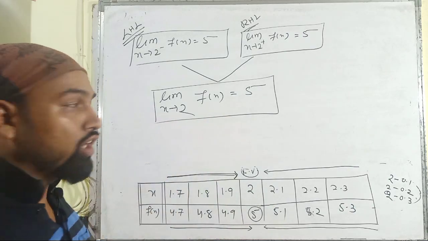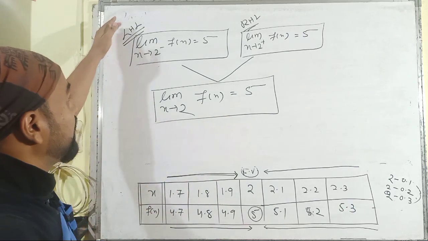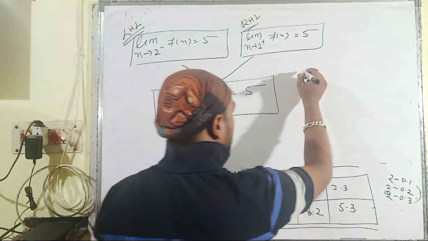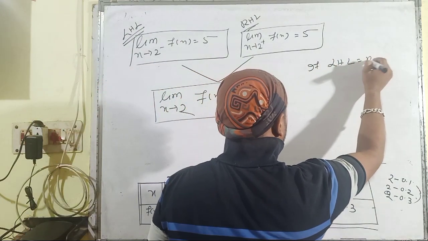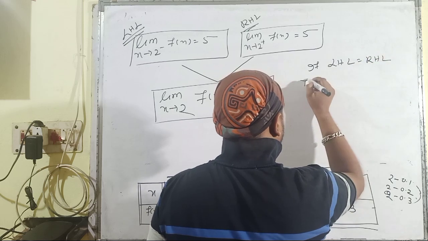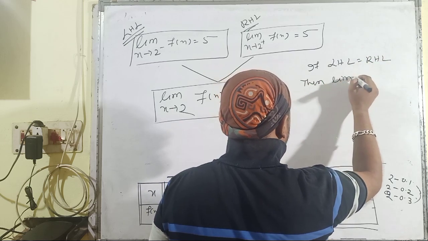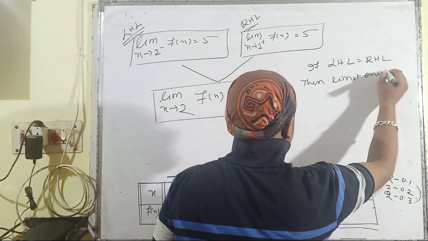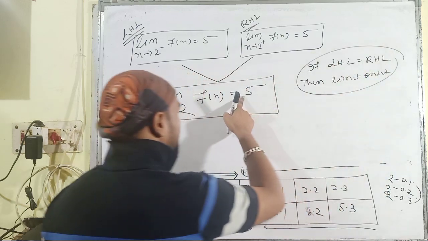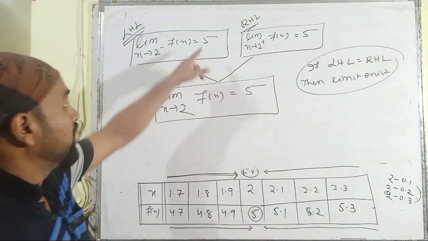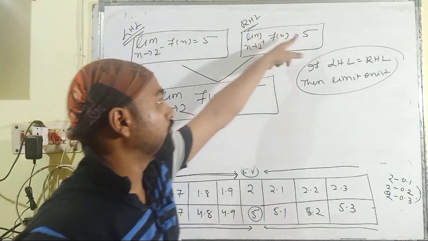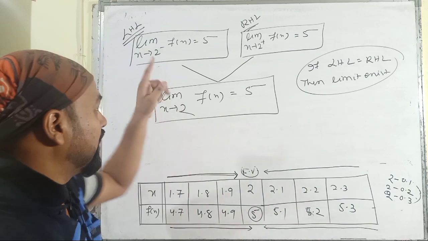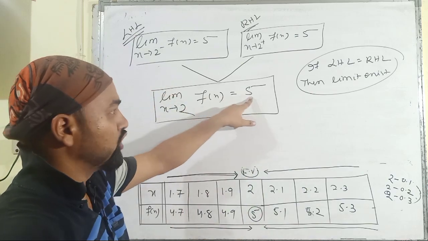If the left hand limit is equal to the right hand limit, then the limit exists, and that is equal to a common value. Here it is 5 and the second case result is also 5. That means both of them contain a common value, so the limiting value of f of x is equal to 5.